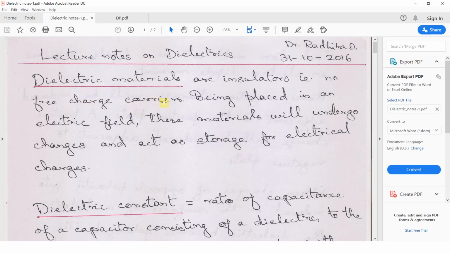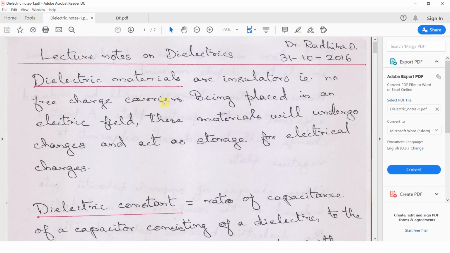So what does it refer to? If you all remember, an insulator will not have any kind of conduction electrons. All the electrons stay in the valence band, and the energy gap between the valence band and the conduction band is so huge that these valence electrons are not able to go to the conduction band.